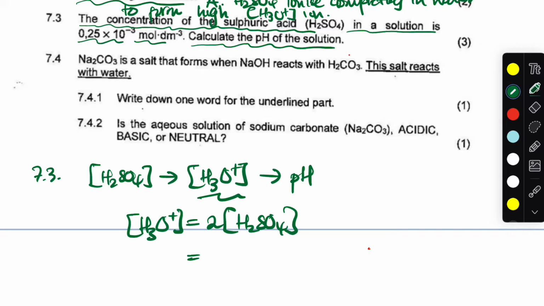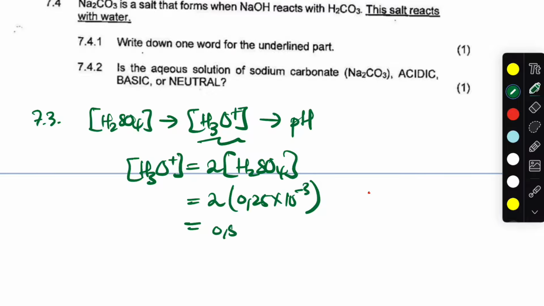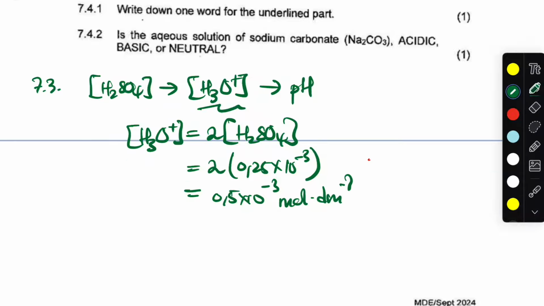So we're going to say 2 times 0.25 times 10 to the power negative 3. The answer there will be, no, it's 0.5 times 10 to the power negative 3 mole per dm3, right? So that's the answer there.